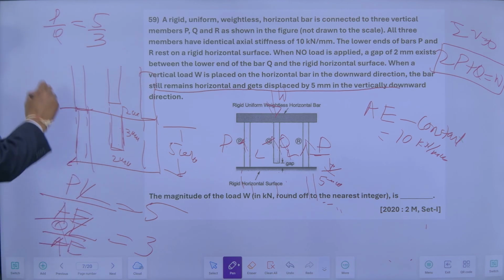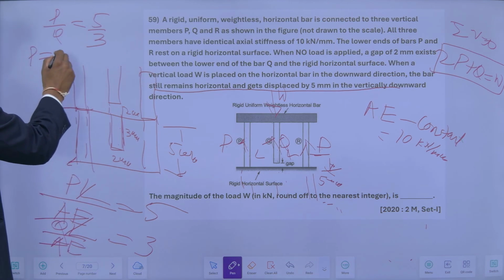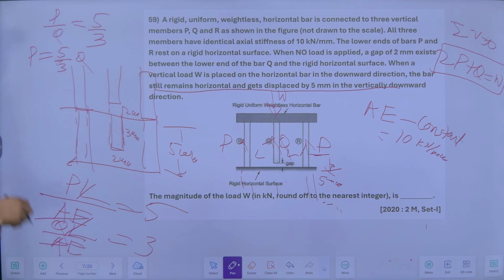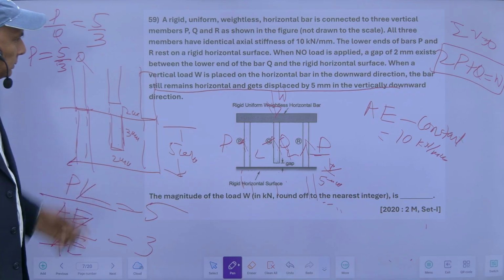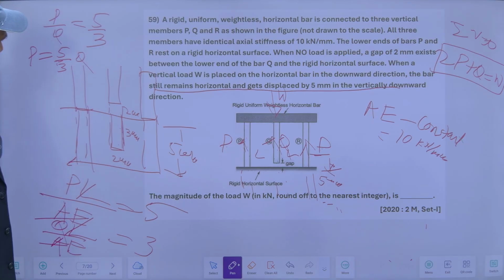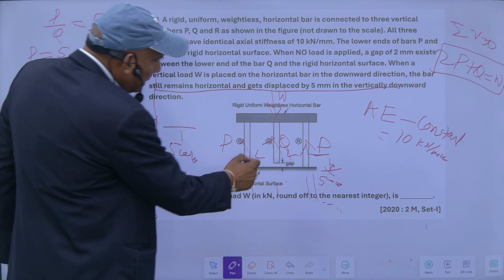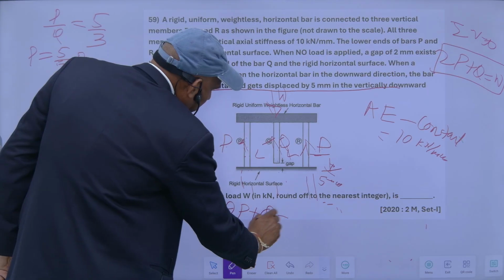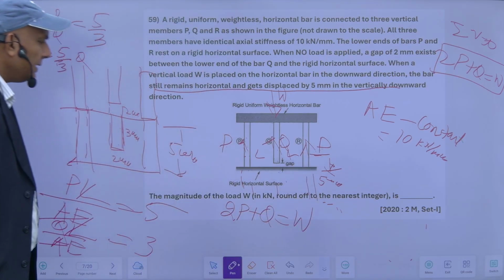So P is equal to 5 by 3 Q, and second, 2P plus Q is equal to W. This is one equation.